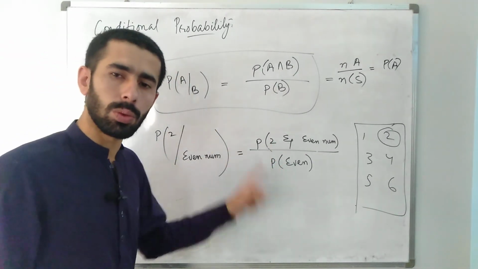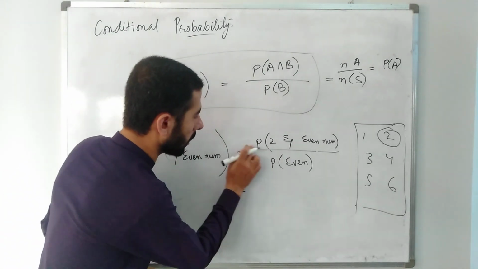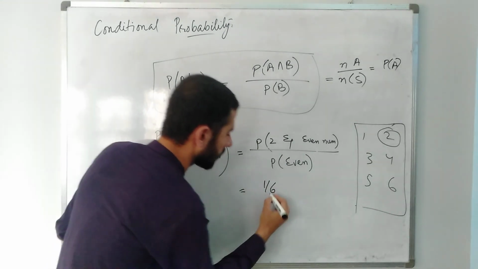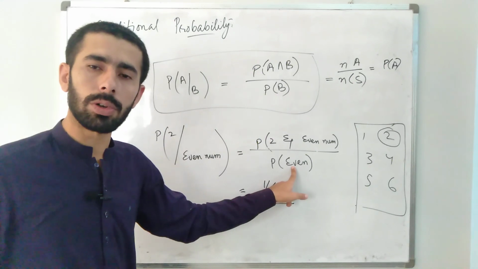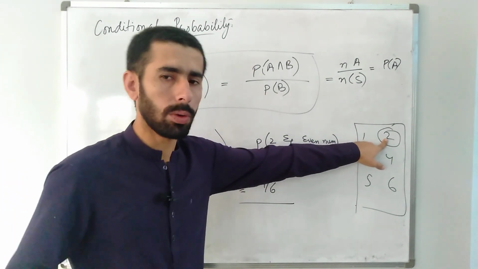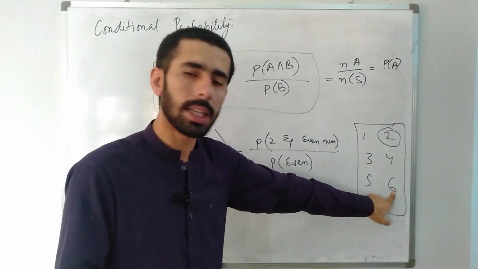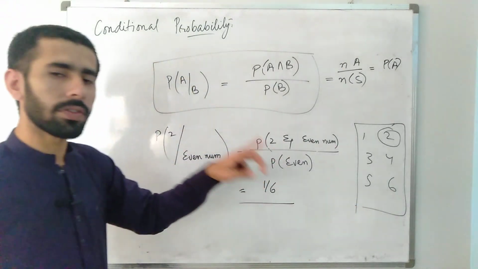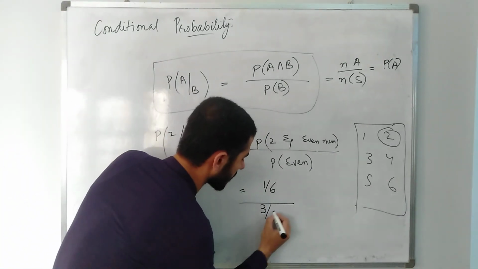So the probability of getting 2 and an even output at the same time is 1/6, while the probability of getting an even output when rolling the die is, if you got 2, you are done with it because 2 is even, 4 is an even number, 6 is an even number. So the probability of getting an even number when rolling a die is 3/6.